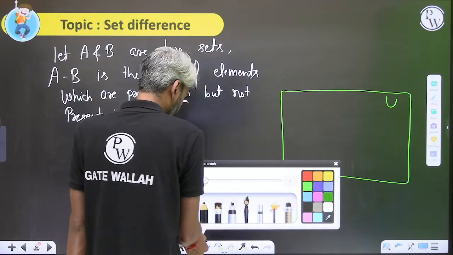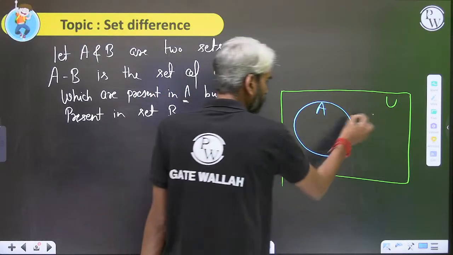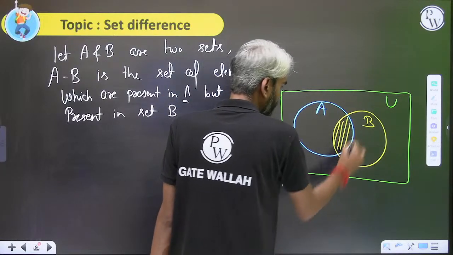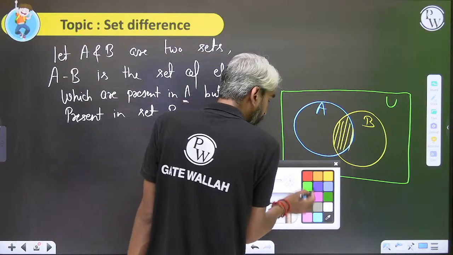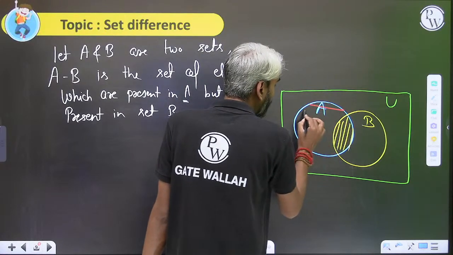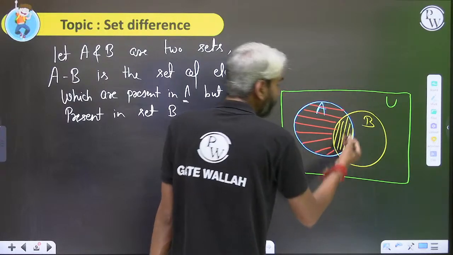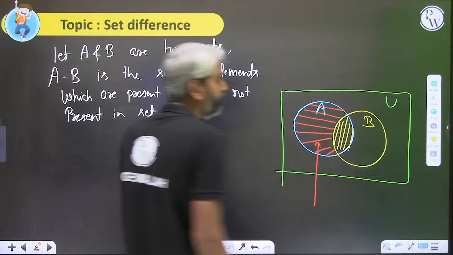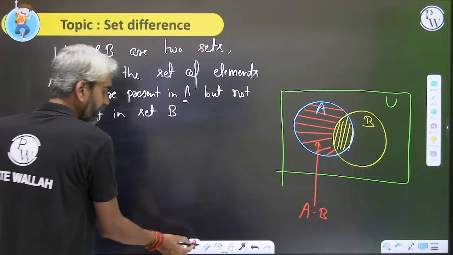If you have two sets, this is your set A and this is your set B. Then these elements which are present in this yellow color region are basically present in set A as well as in set B. So they cannot be part of A minus B, because in A minus B the elements which are allowed should be present in set A, but they should not be present in set B. If there are some elements which are present in A as well as in set B, then they will not be member of A minus B.